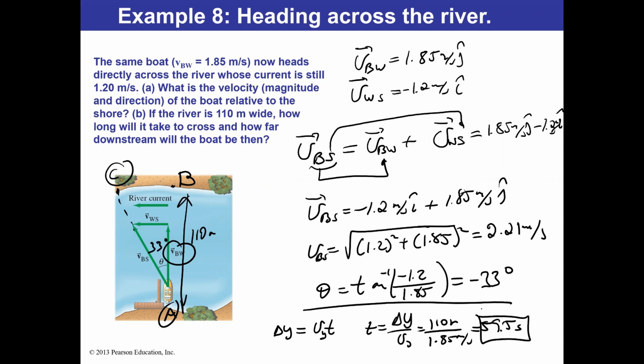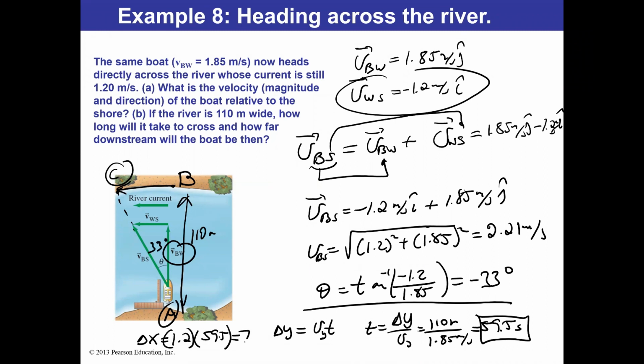All right. Now, the same time applies to the distance in terms of the horizontal component of this velocity, which is this guy here, 1.2 meters per second. So the distance from B to C, the CB distance, let's say delta X, is nothing but Vx, which is 1.2, times the time of 59.5.